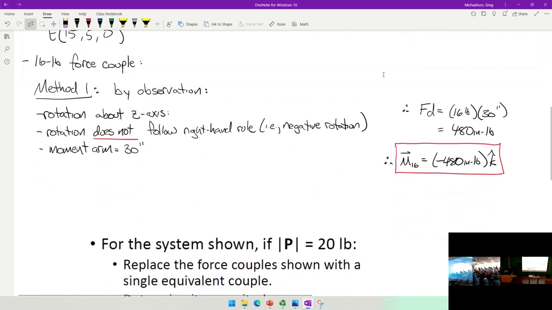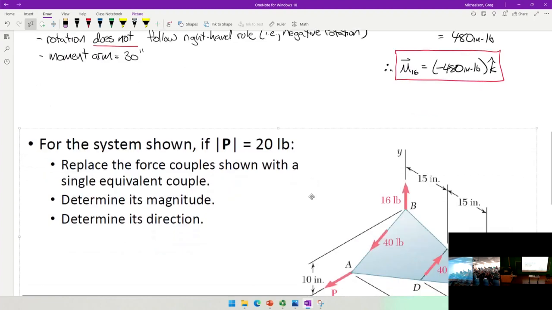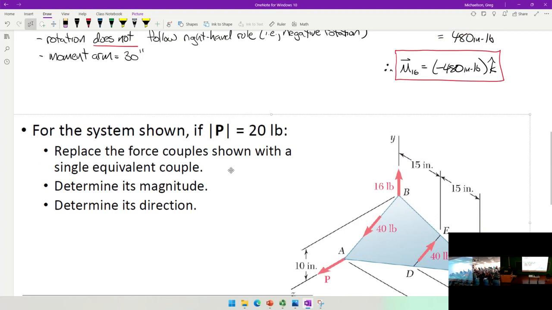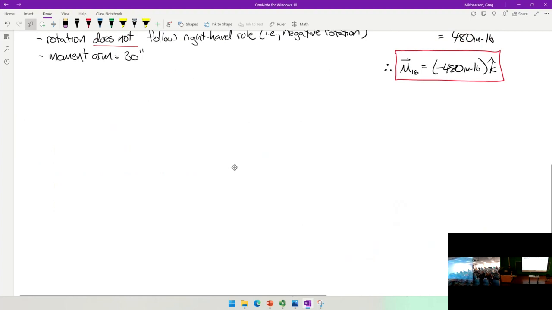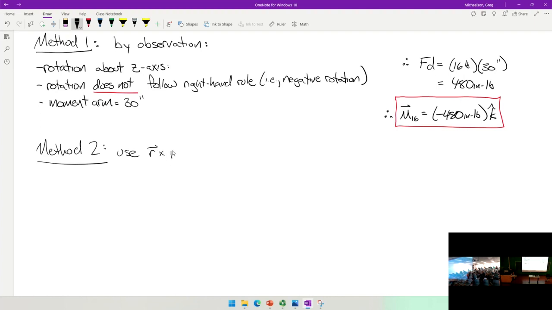Another way of doing this is as follows, and this is probably where my little cheat sheet might come into play. This is getting in the way, so I think I'm just going to scroll a little bit. So method 2 is to use R cross F. Now, the way that works is as follows.